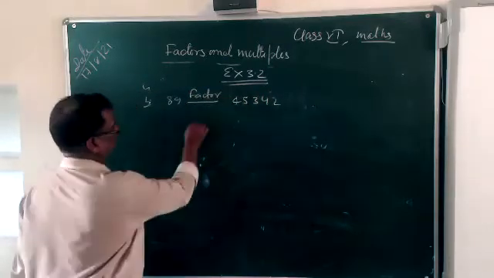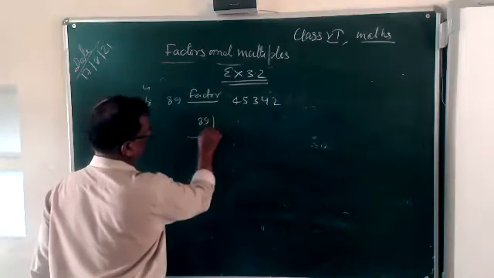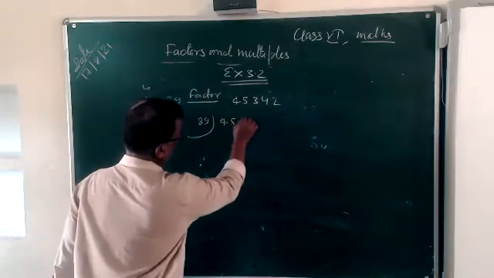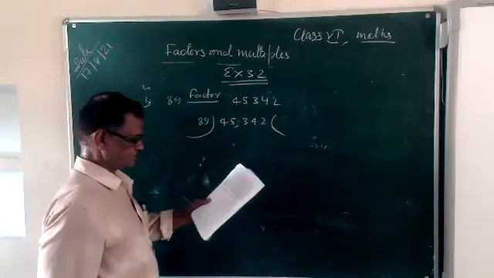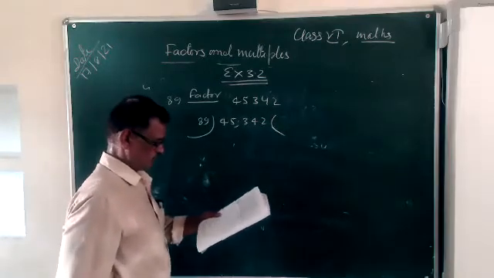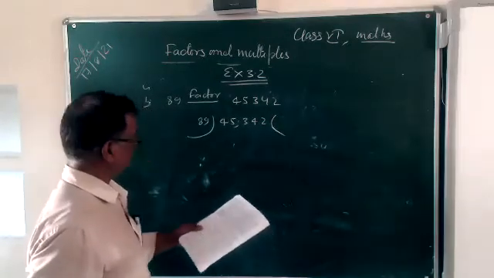Same way you do, 89 divide 45,342. Divide it. 6 times division you divide it.